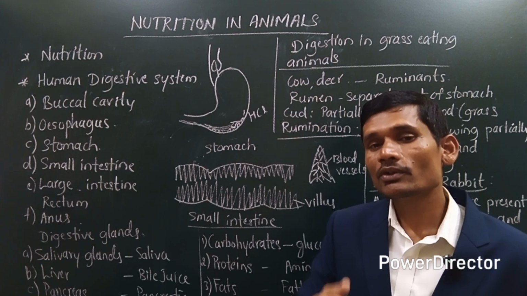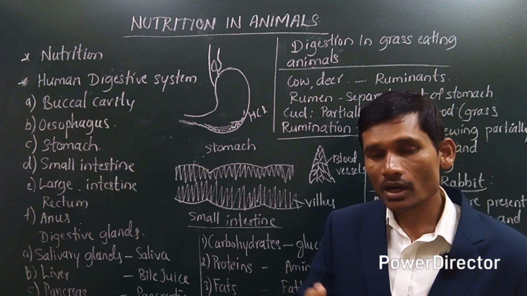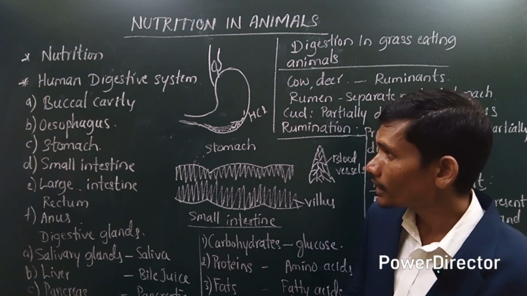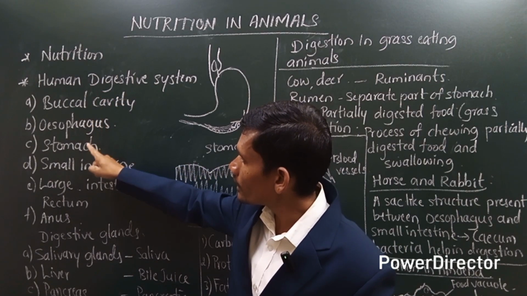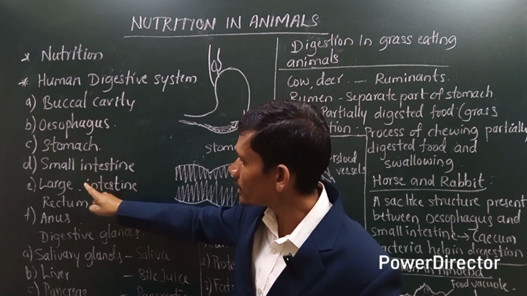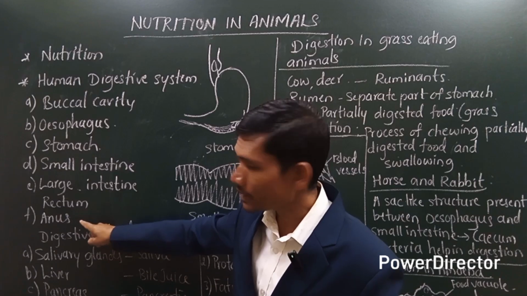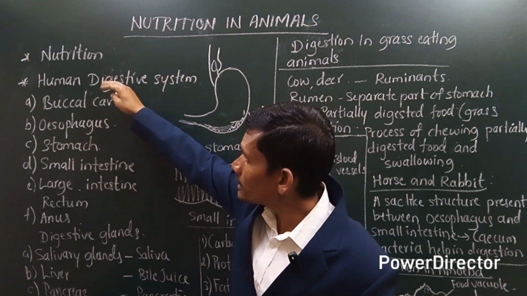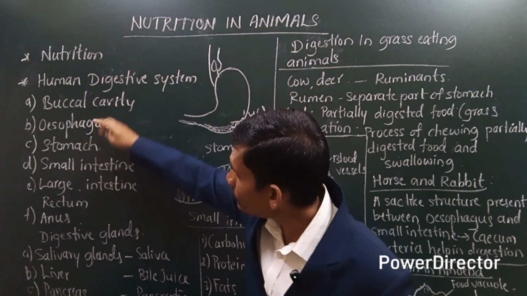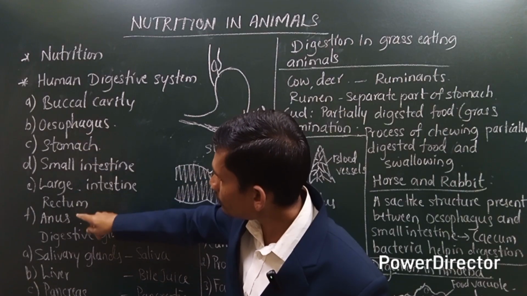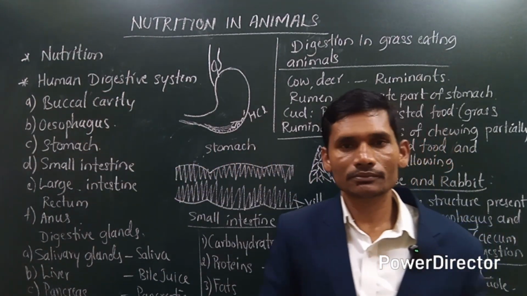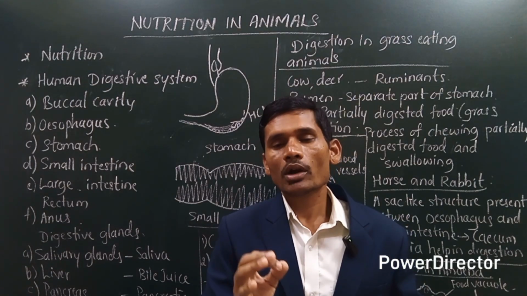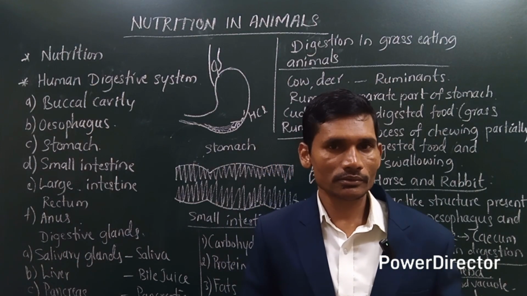Now, if you need to define the digestive system, how do you define it? The buccal cavity, esophagus, stomach, small intestine, large intestine, rectum and anus, together from the buccal cavity to the anus, is called the alimentary canal, or digestive tract.